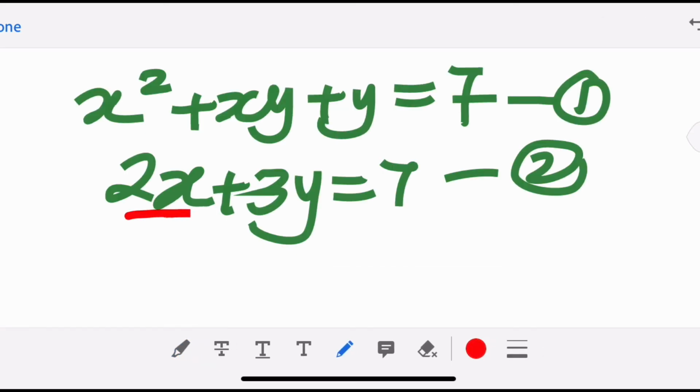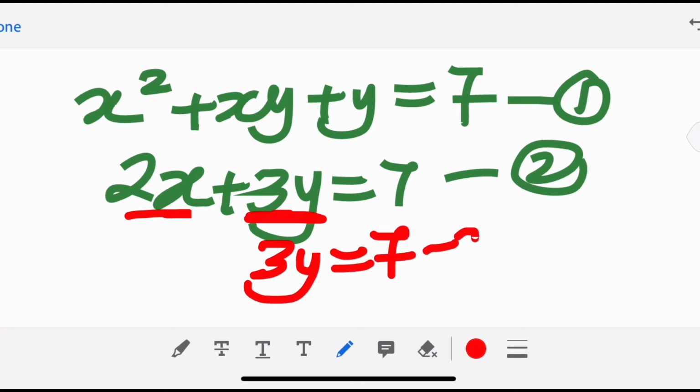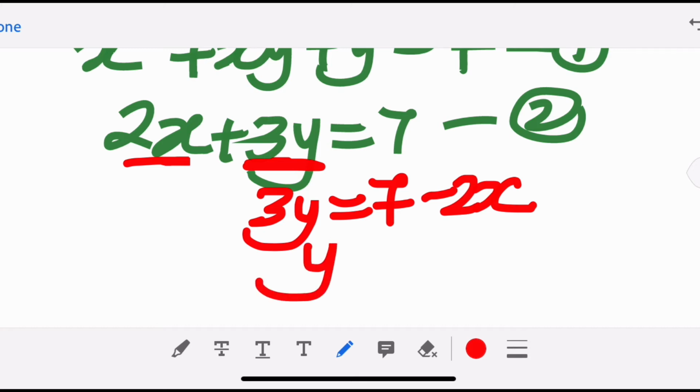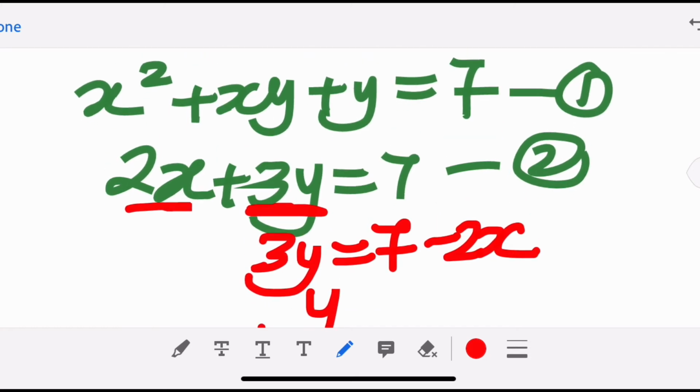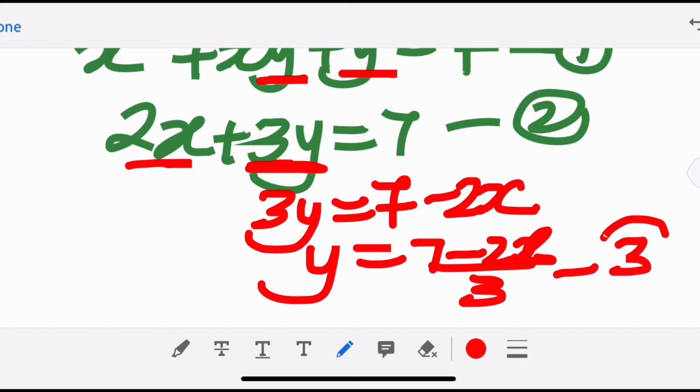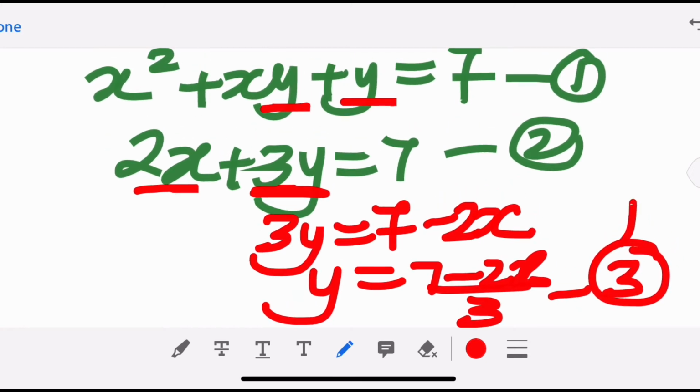Either you want to start with x or y, it's okay, the same. Let's say I want y in terms of x. Because I don't have to square, I'll choose y. Choose the easy way, but it's okay, you get the same answer. So I will substitute 3 into 1.